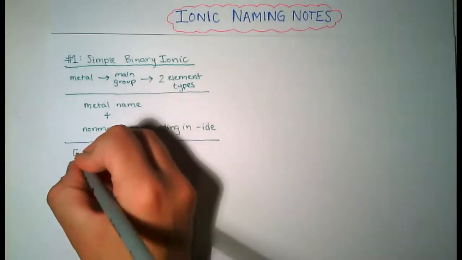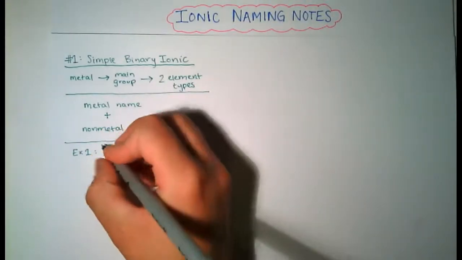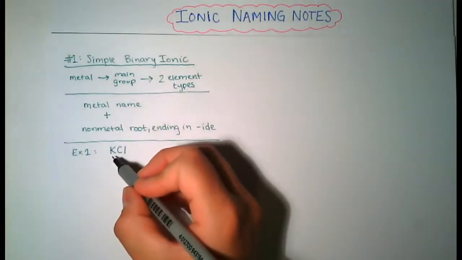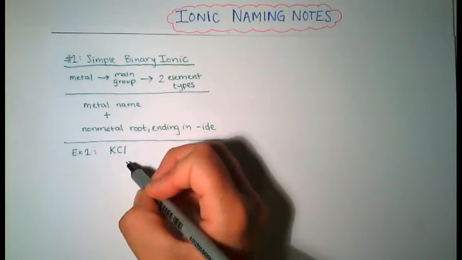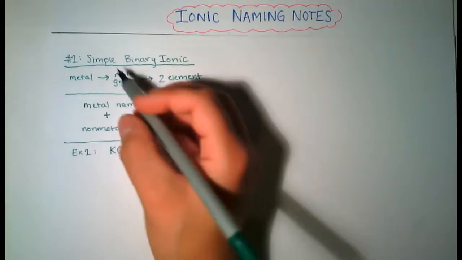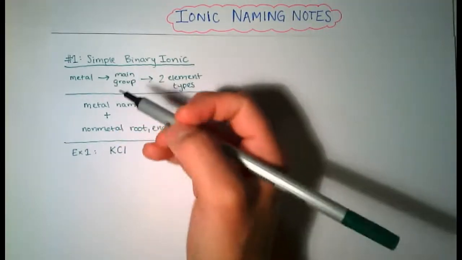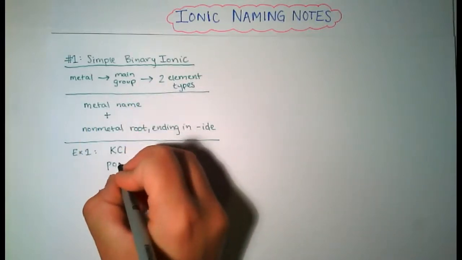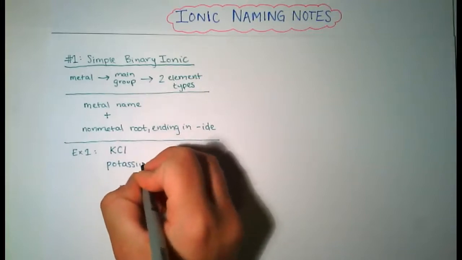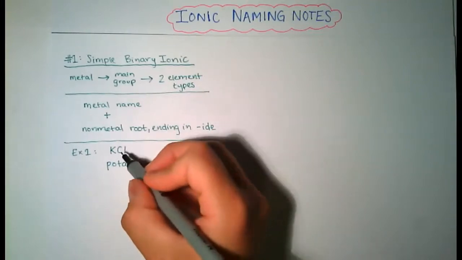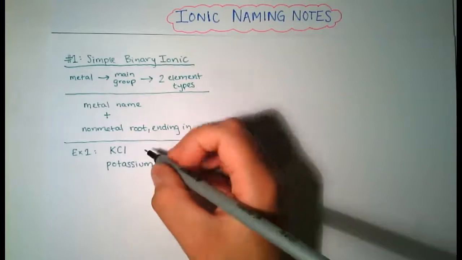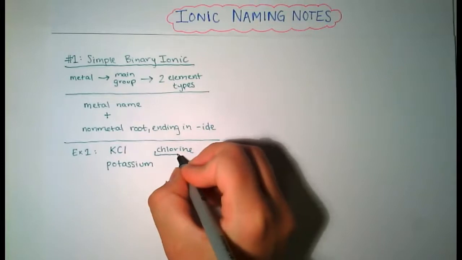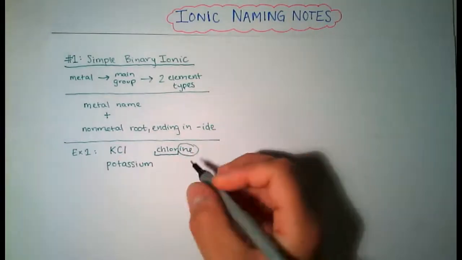So example 1, we have KCl. So K is potassium. It's a main group metal, and there are only 2 element types here, so this is a simple binary ionic compound. And so we're just going to take the name of the metal, potassium, and then we're going to take the root of the word chlorine, and change the ending to IDE.